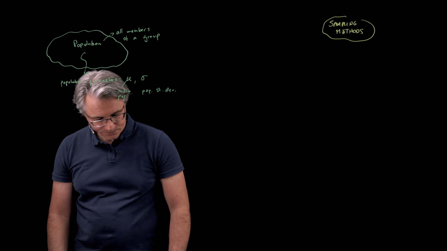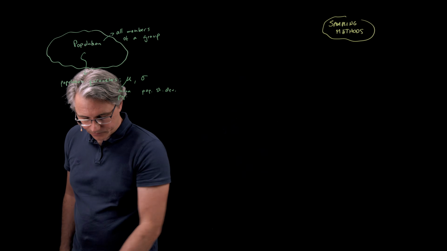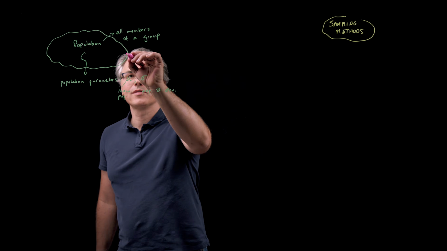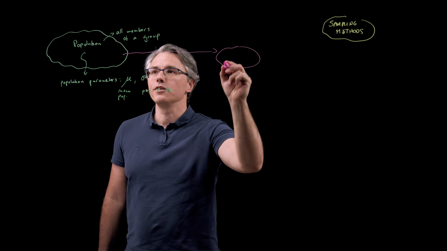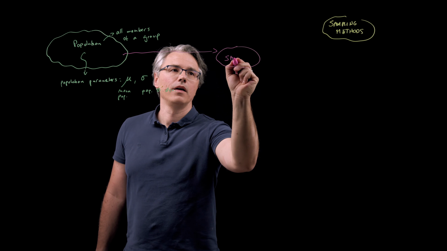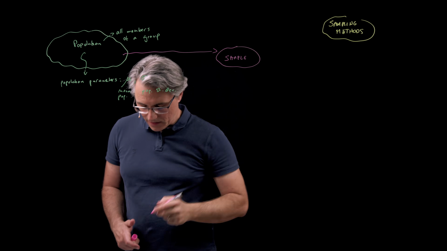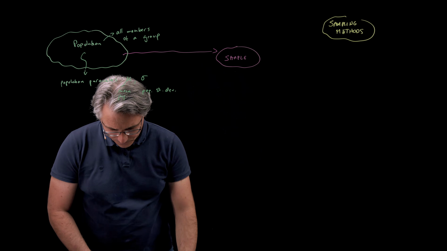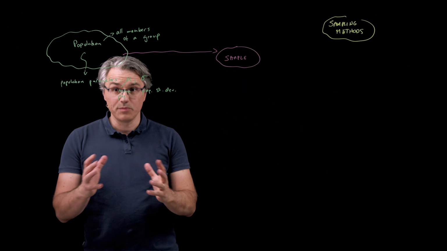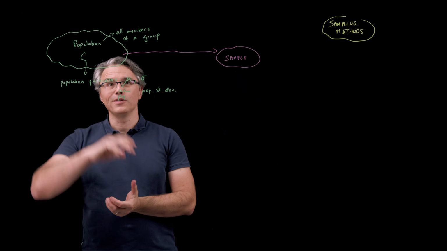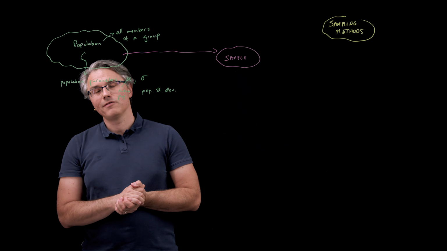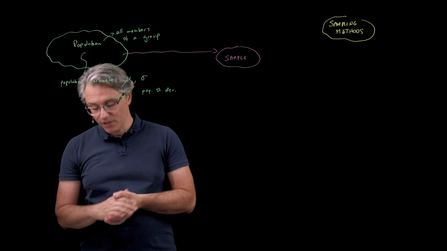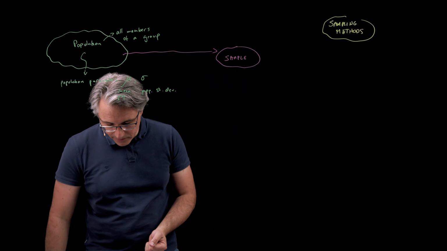However, sometimes we're forced to take samples from that population. And a sample is going to be obviously less than all the members of a group. We're going to see methods for selecting samples from the population and why we do sampling.